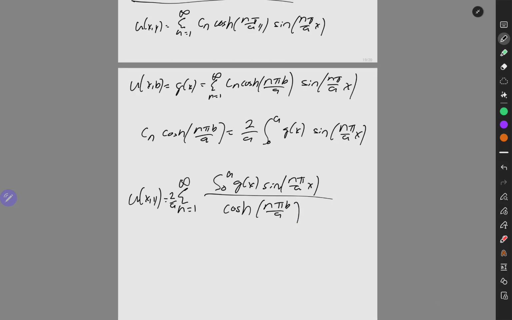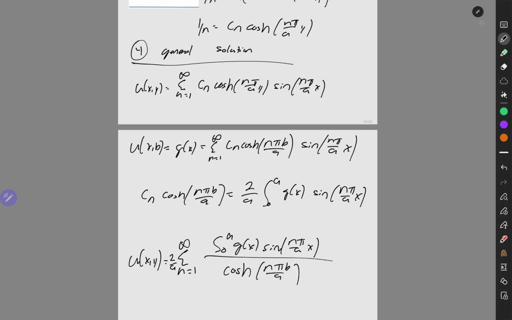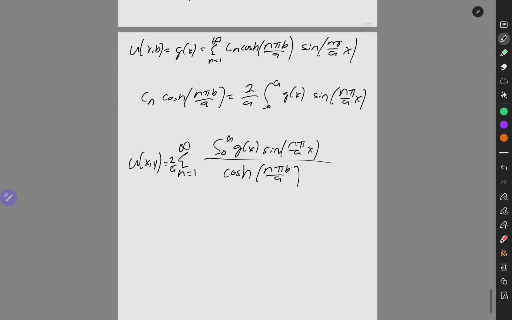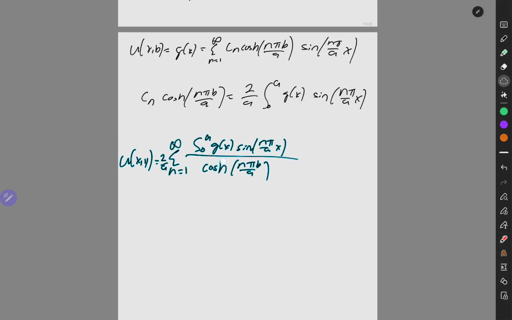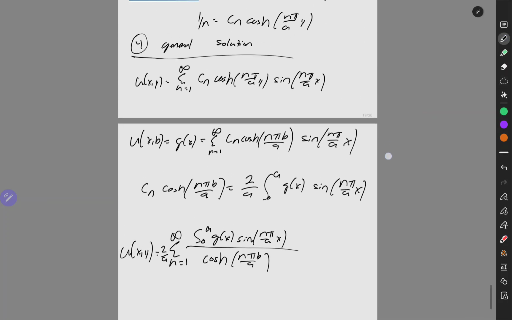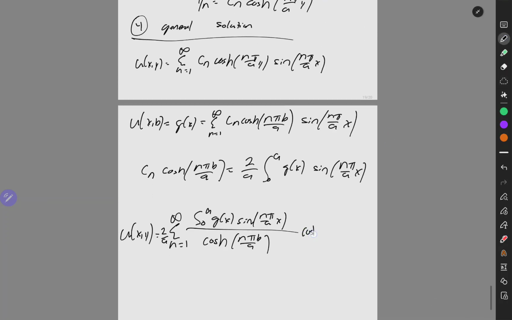Wait, that's interesting. Oh, sorry, we're good. I was just thinking something. We have cosh n pi over a times y times sine n pi over a times x.